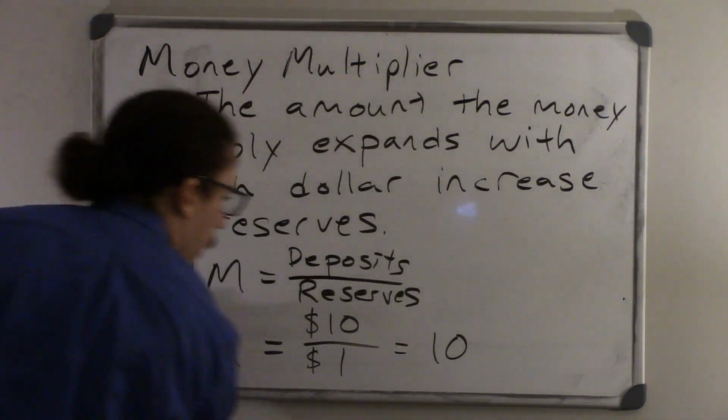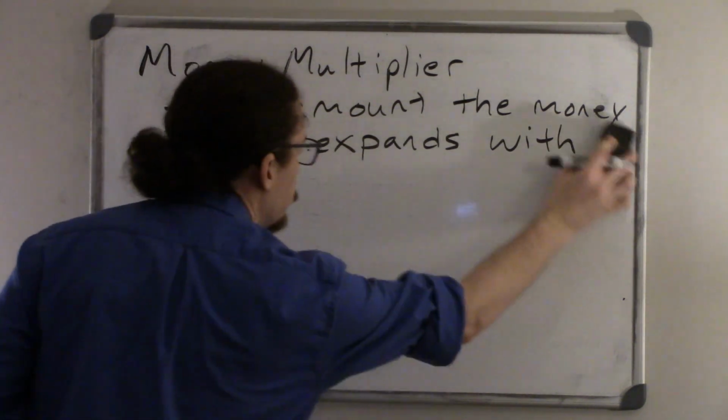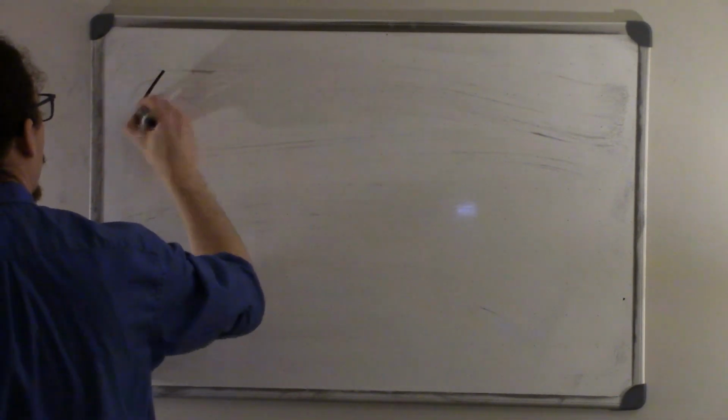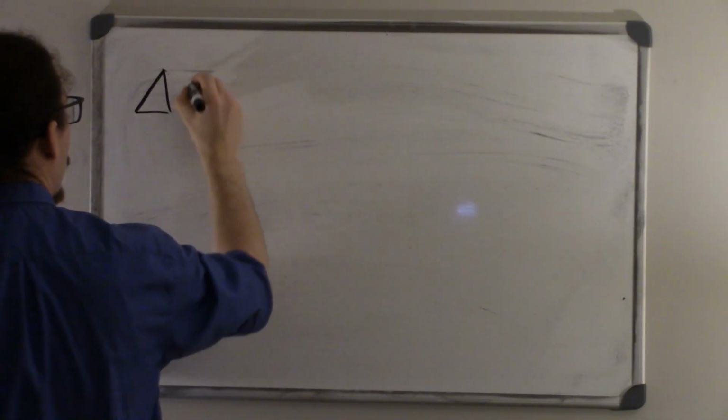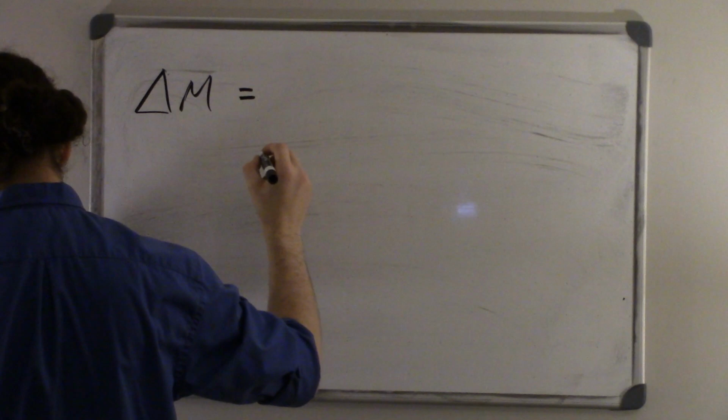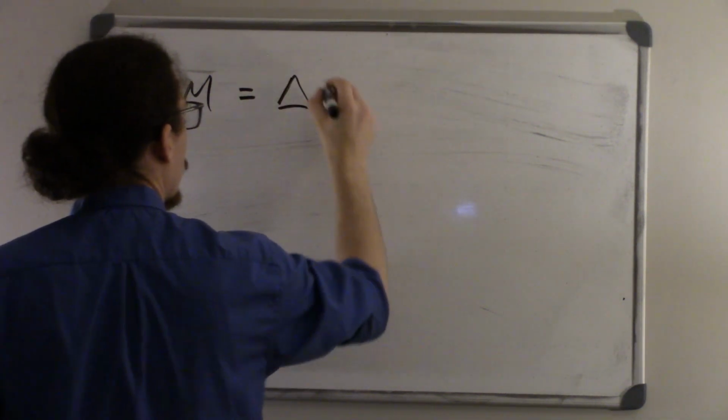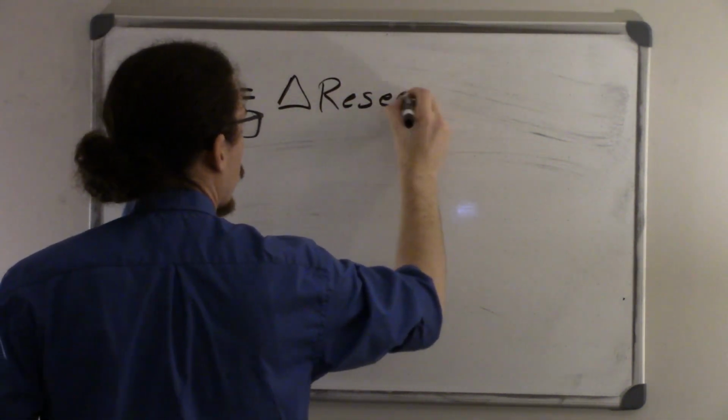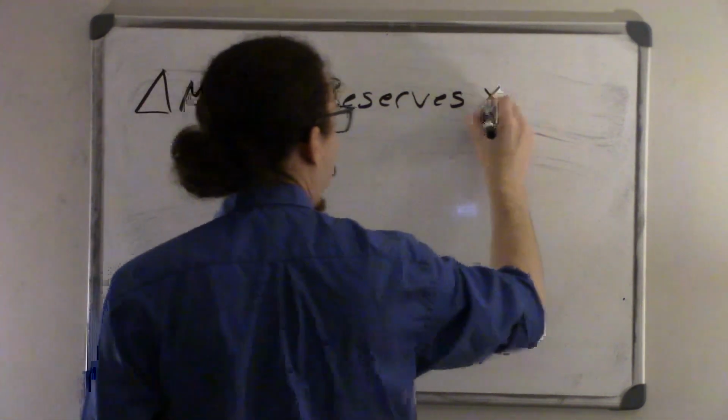We're going to use this to determine how much the money supply changes when reserves change. That can be represented with this equation.